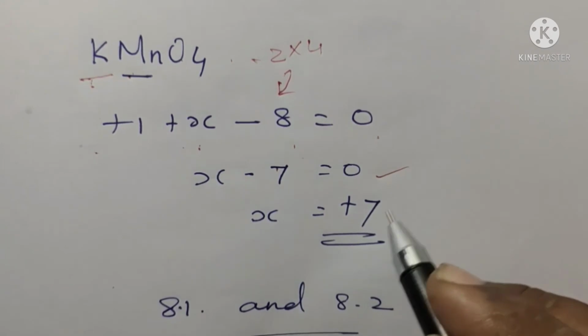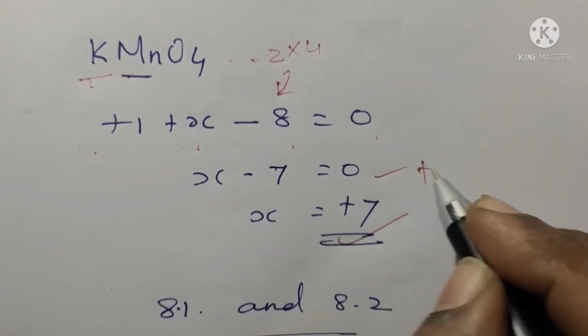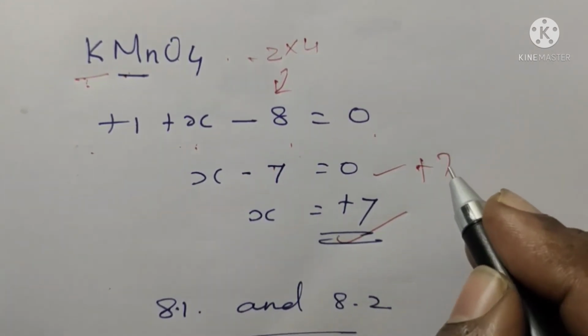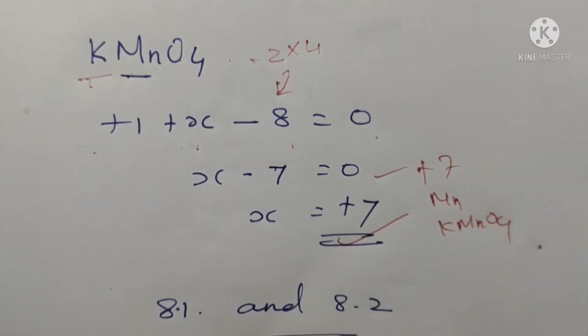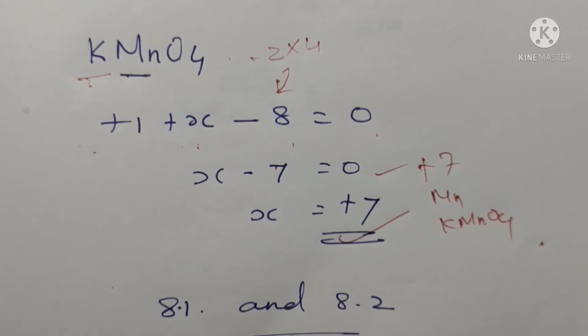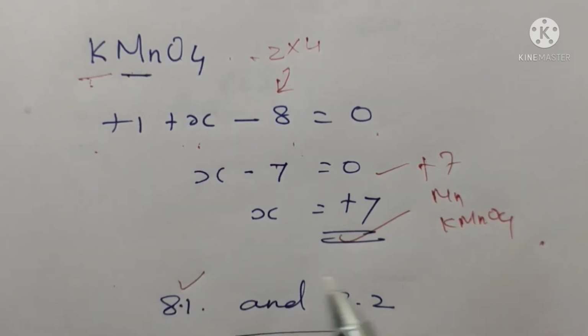So X minus 7 equals 0, X equals +7. So +7 is the oxidation state of manganese in KMnO4. Do problems 8.1 and 8.2 of the exercise in the NCERT class 11 part 2 textbook as homework.